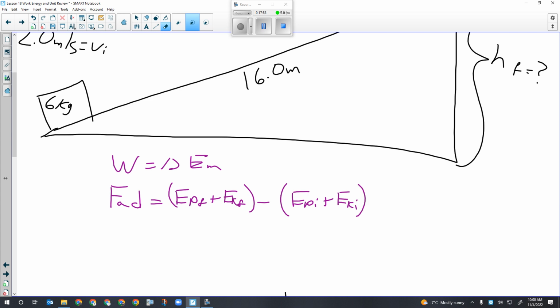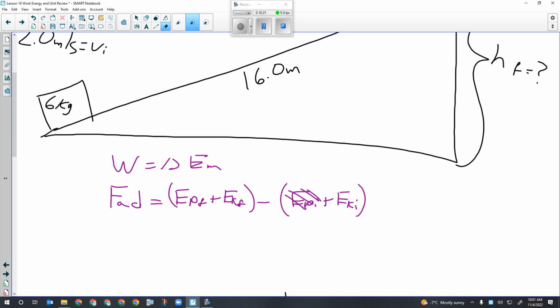Now, before I go any further, are any of those zero? Which one, Kat? Initial? Yeah. My initial potential energy. That's zero, because where am I starting? On the ground, at the bottom of the ramp, where my height would be zero. So that's gone. I can eliminate that right now. What I'm looking for is part of this term. Final height would be part of my final potential energy.